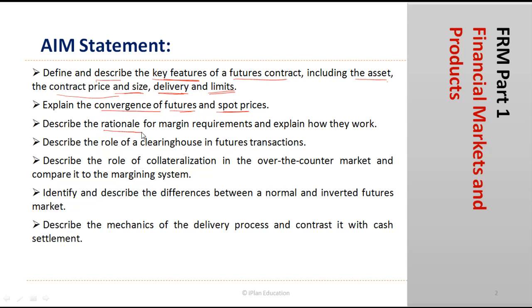Then we'll describe the rationale for margin requirements and explain how they work in the case of a futures contract. Then we describe the role of a clearing house for futures transactions, what role they play. Then we look at the role of collateralization in the case of the over-the-counter market where forward contracts are traded, and then we compare with the futures market where we are using the margin system.